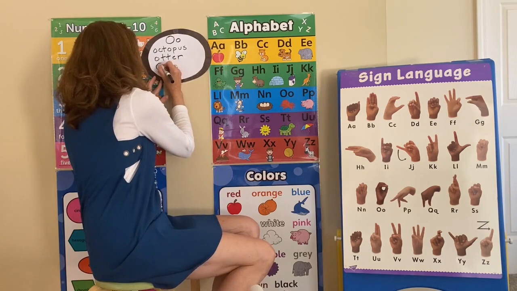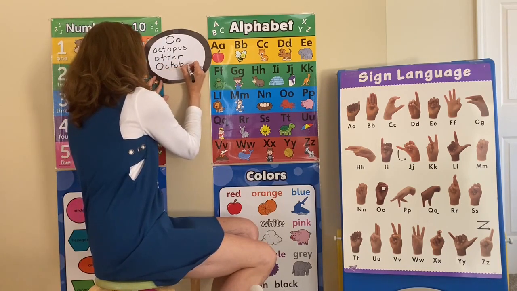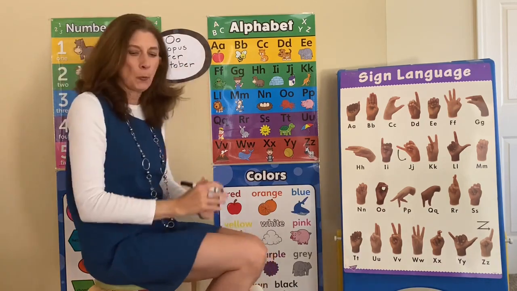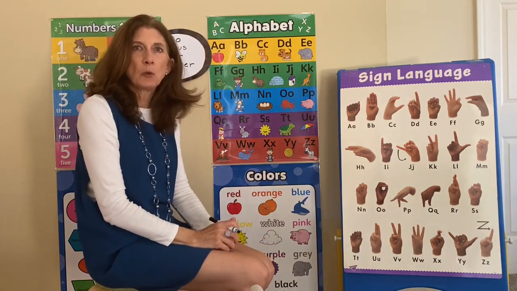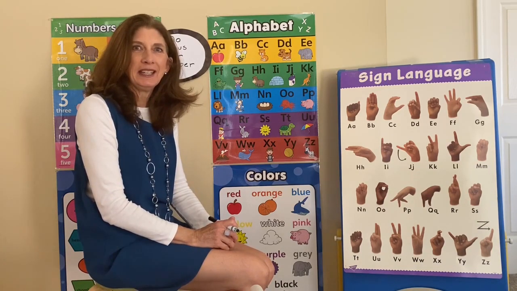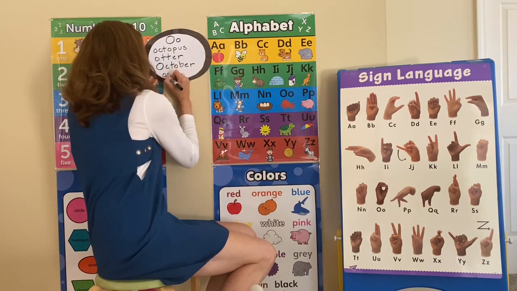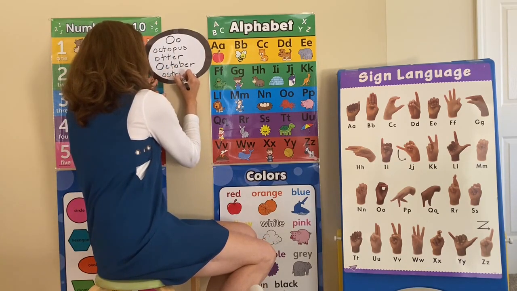October. And we're going to make a big O because October has a big O at the beginning of it. October starts with O. And this last one, let's do one more animal. It's the one we're learning about. Do you remember Oliver? What kind of animal is he? Right, an ostrich. We're going to write ostrich for our last O.